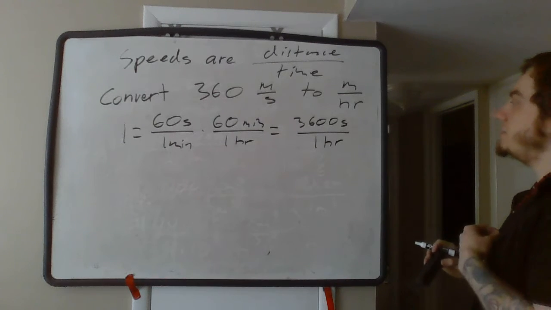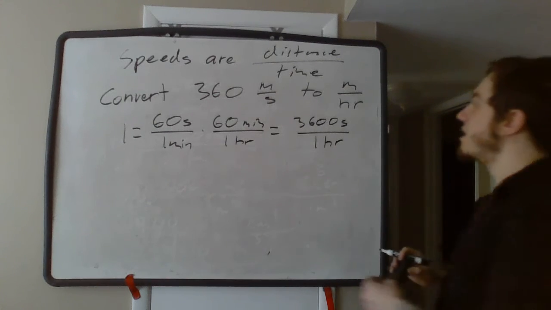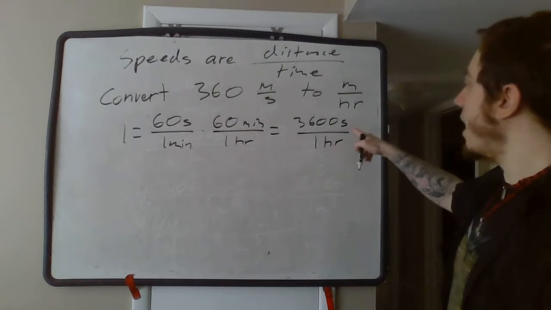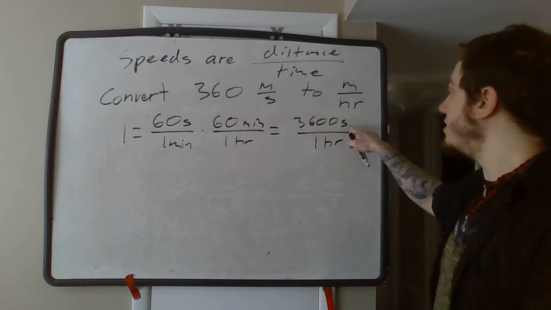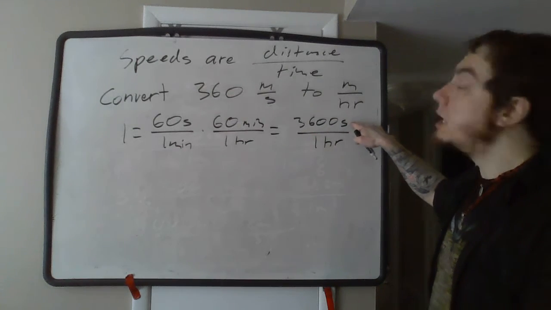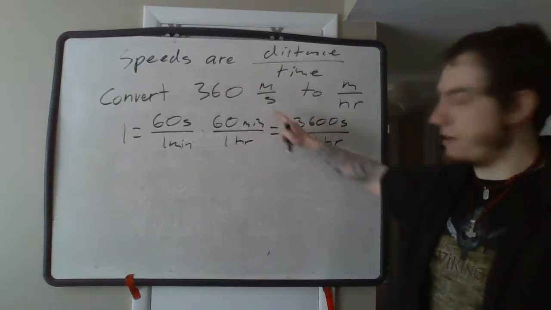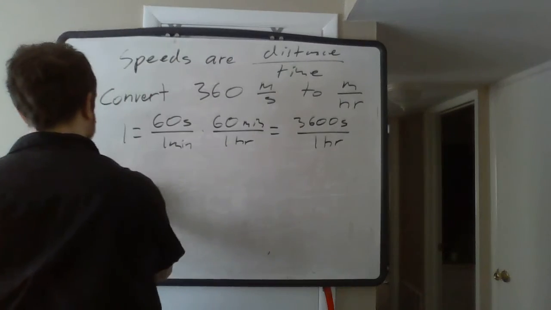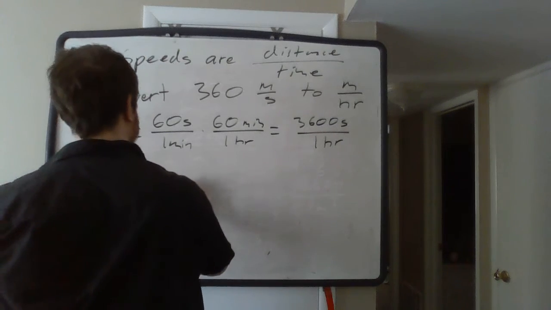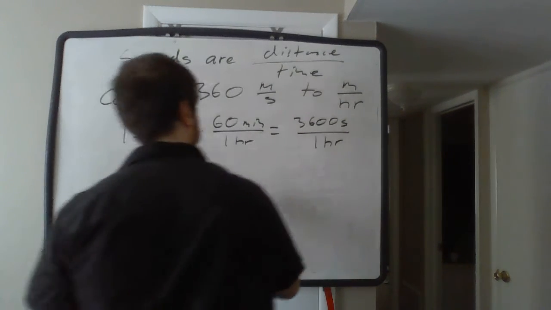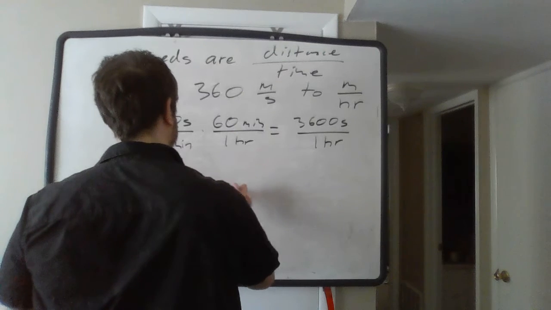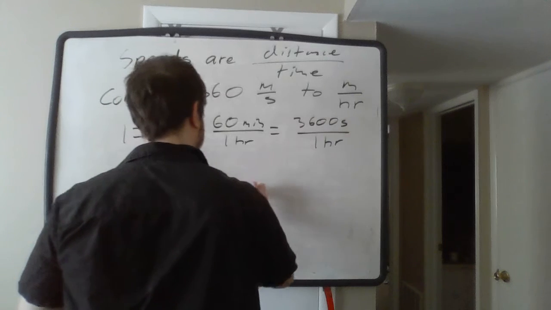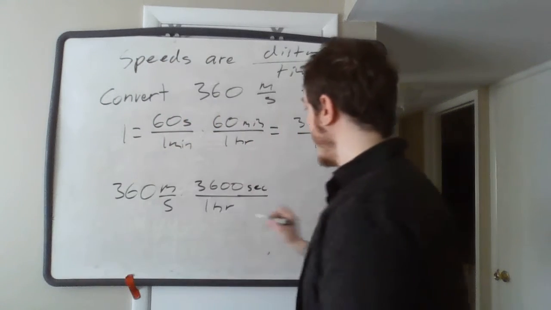Now, the thing that I can do then is if I want to get rid of seconds that are in the denominator and end up with hours in the denominator, I can multiply by this ratio. It has seconds in the numerator. Those will cancel out the seconds in the denominator, and it gives me hours in the denominator. So, 360 meters per second times 3,600 seconds per 1 hour.